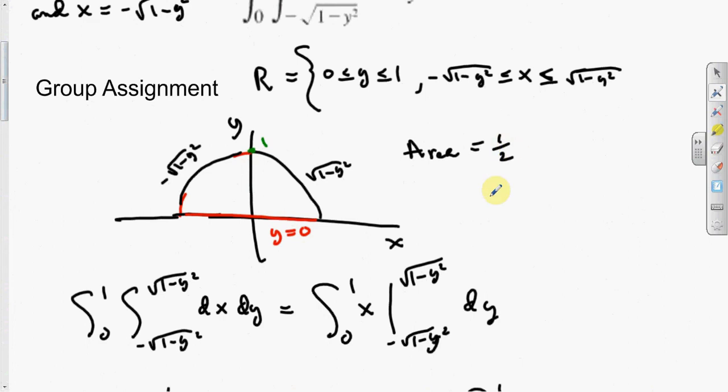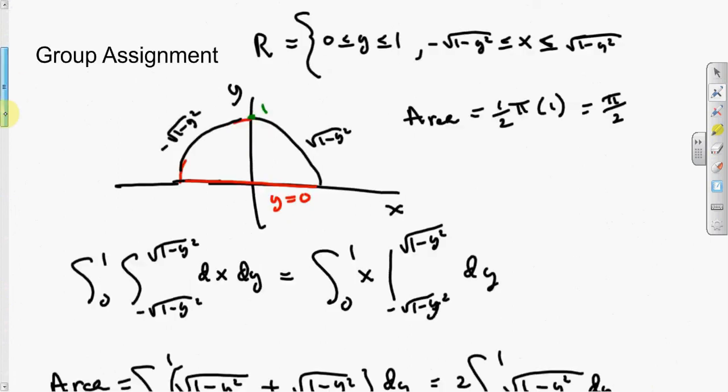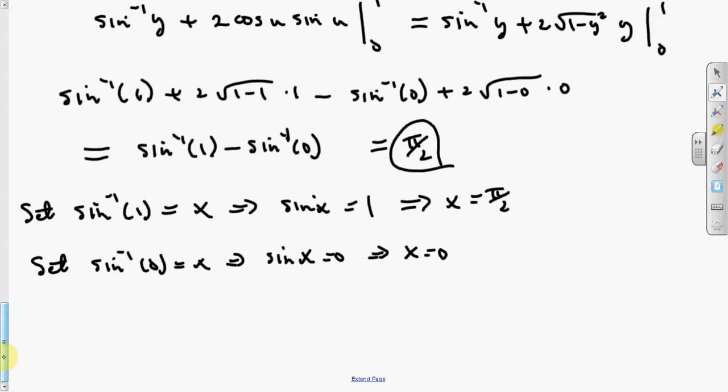Well, I know that the formula for the area for a circle is pi r squared. So this is times pi, and r is equal to 1 squared, so you get pi over 2. So it'd be good if they say, you can use trig to work this problem. You get the answer just like that, right?